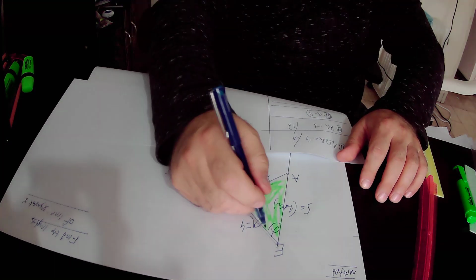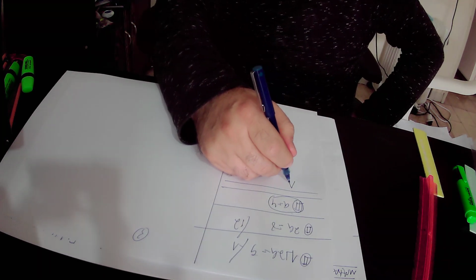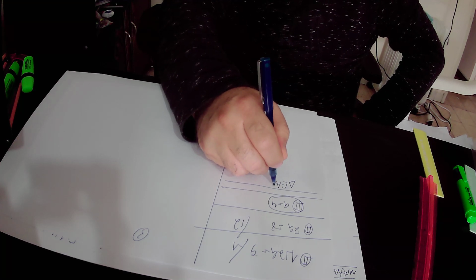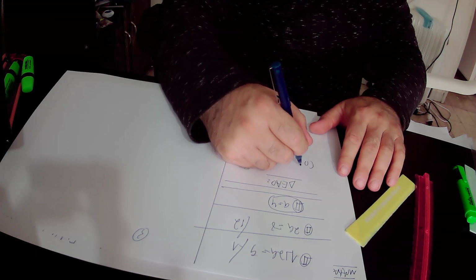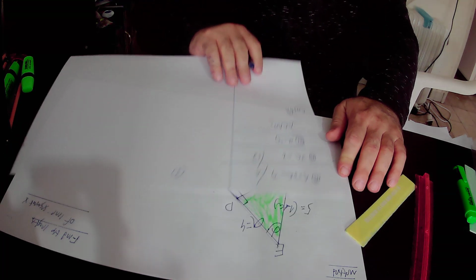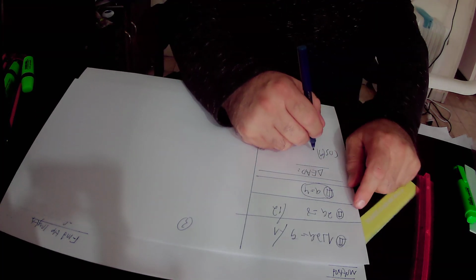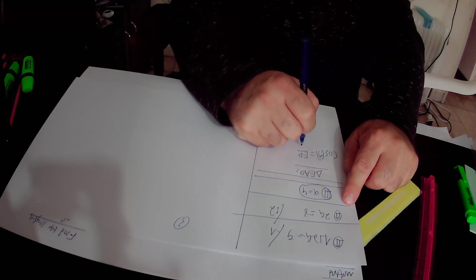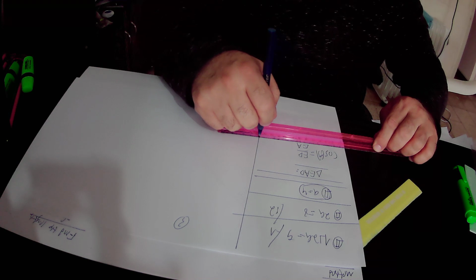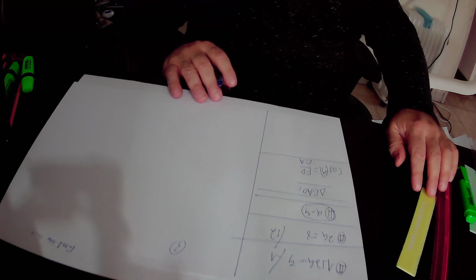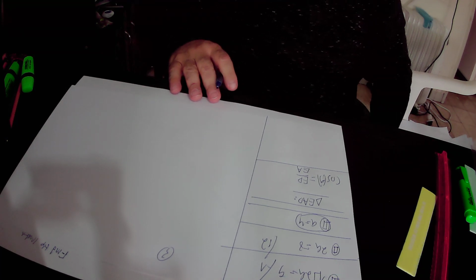So in the right green triangle, triangle EAD, we know that cosine alpha equals ED over EA.